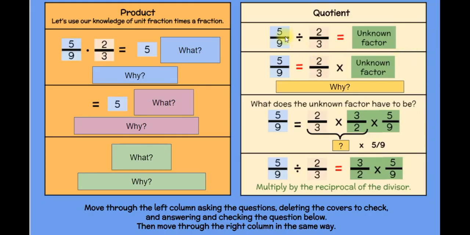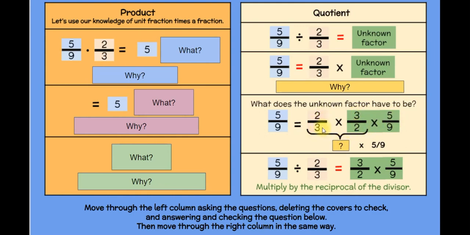So now let's try it one more time. Read it with me. 5/9 divided by 2/3 equals unknown factor, which is the same as 5/9 equals 2/3 times unknown factor. Product, factor, factor. We're looking for the unknown factor. What does the unknown factor have to be? Class, the unknown factor has to be the reciprocal times the product.